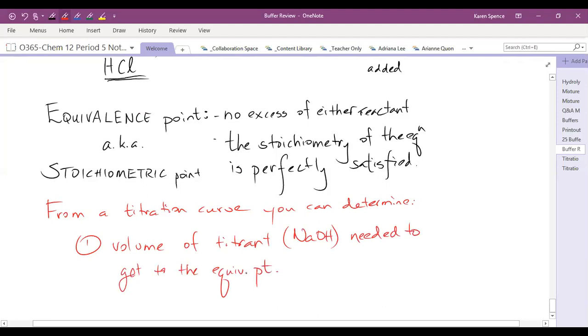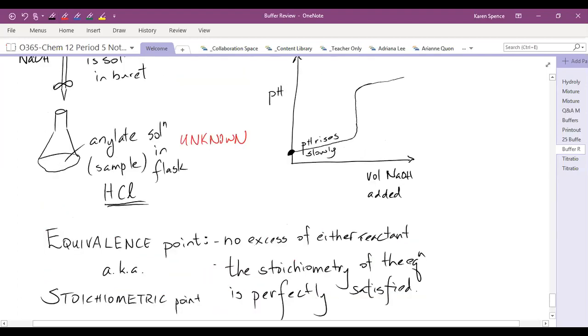If we go back up to our graph, all you have to do is look for the vertical section and drop a line down to your x-axis and read off the volume of NaOH needed to get to the equivalence point.